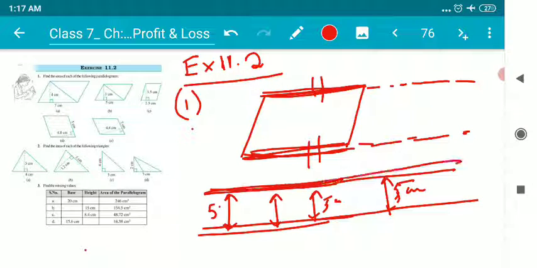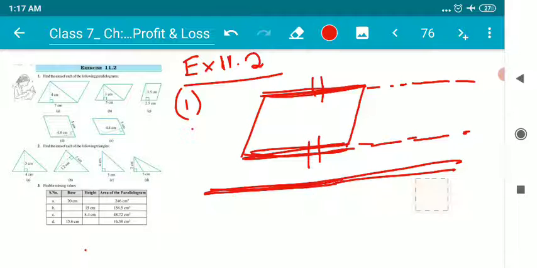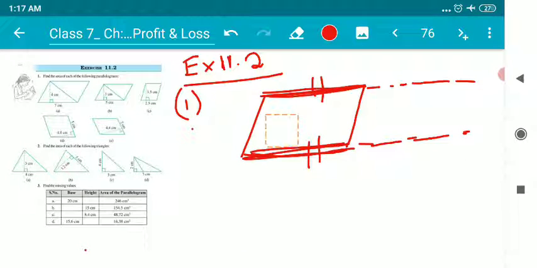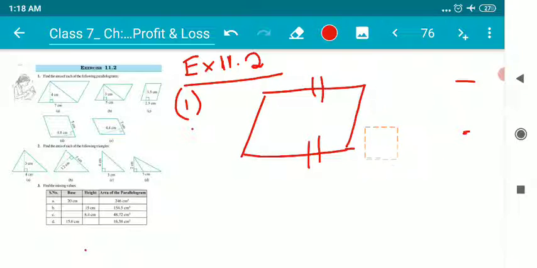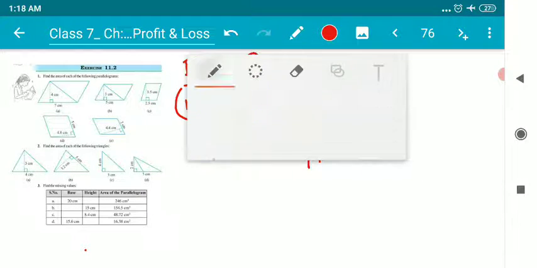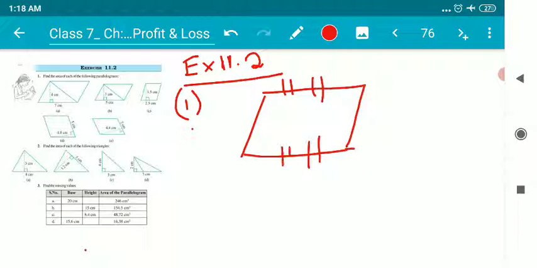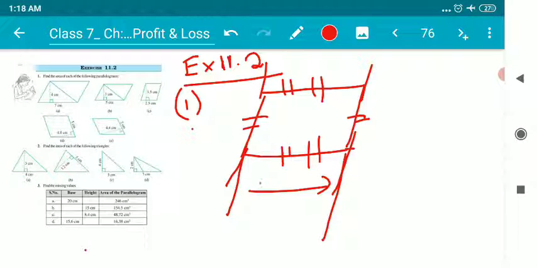Such line segments are known as parallel line segments. So children, in parallelograms, opposite sides are parallel to each other. They would never meet. This side is parallel to this side, as well as this side is parallel to this side. If I extend, they will never meet. They are also equidistant from each other.